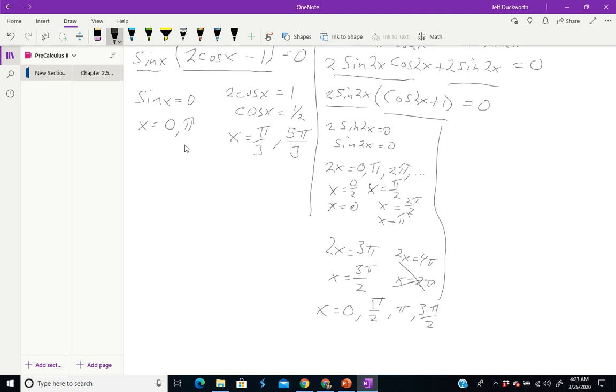All right, so now we have to check cosine of 2x plus 1 equals 0. So that means cosine of 2x is going to equal negative 1. Where does cosine of 2x equal negative 1 in the general 0 to 2 pi situation? Well, that's going to happen at pi, and then again at 3 pi, and again at 5 pi, and so forth.